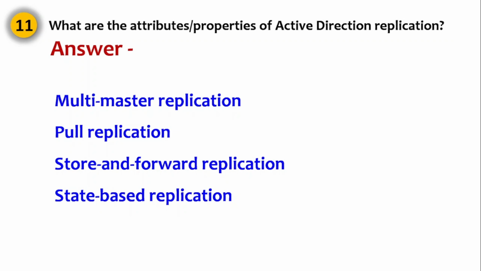Many of the folks said that that's okay, but we want some more information on each and every point over here. So let us discuss all the 4 points in brief.